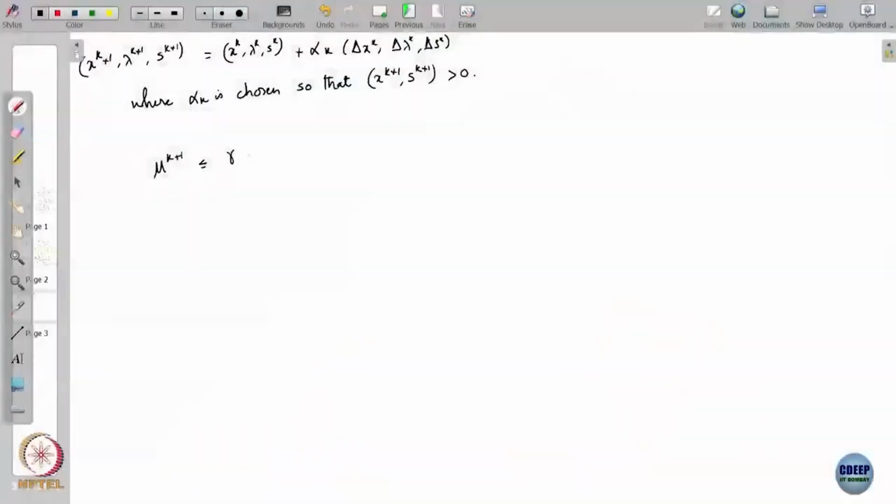One gets a result which essentially shows that your duality measure satisfies something like this: mu k plus 1 is less than or equal to some gamma times mu k, where gamma is a constant between 0 and 1.